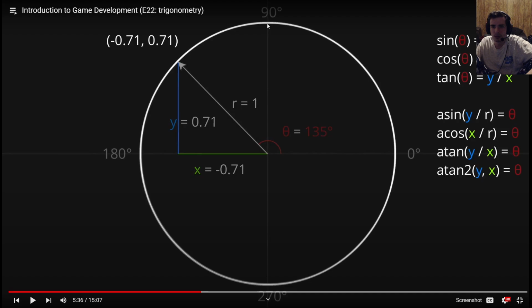So all that does is rotate it by 90 degrees, right? That would be 1, 0.